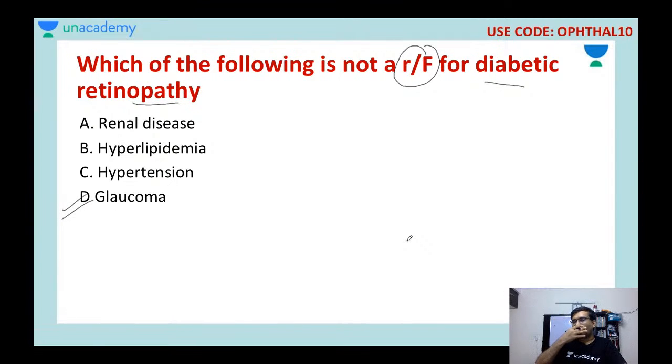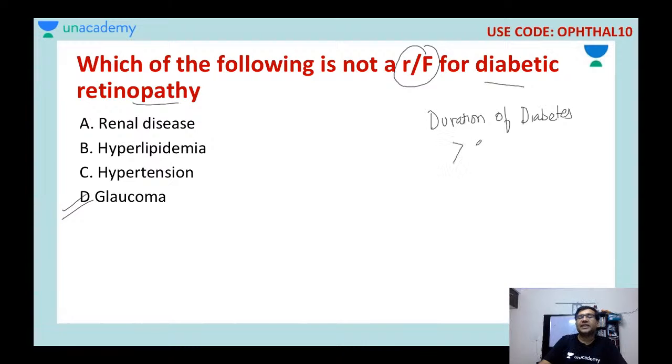The most important risk factor for diabetic retinopathy is the duration of diabetes. Let's say a patient is having 5 years, or 10 years after the diagnosis of type 2 diabetes. This is the most important risk factor.